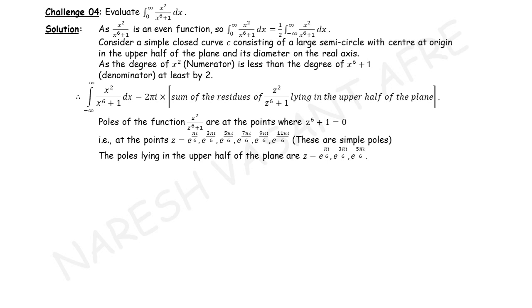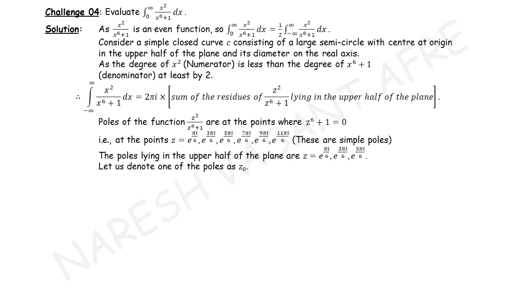It is easy to observe. Pi by 6 means we are at angle 30 degrees, so we are in the upper half of the plane. 3 pi by 6 means we are at 90 degrees, again in the upper half of the plane, and 5 pi by 6, that is 150 degrees, so again we are in the upper half of the plane.